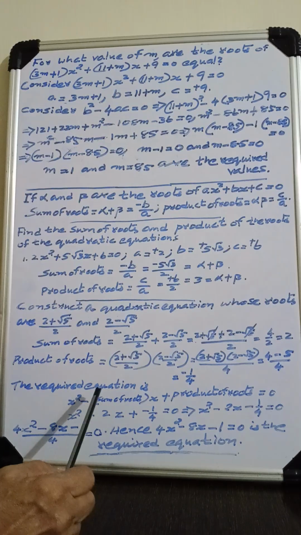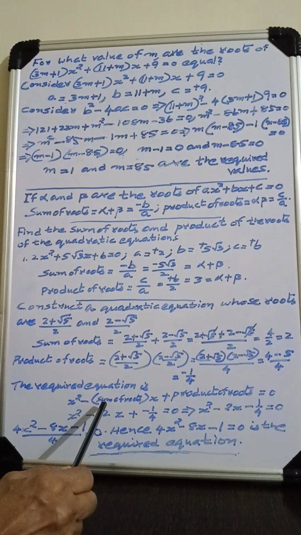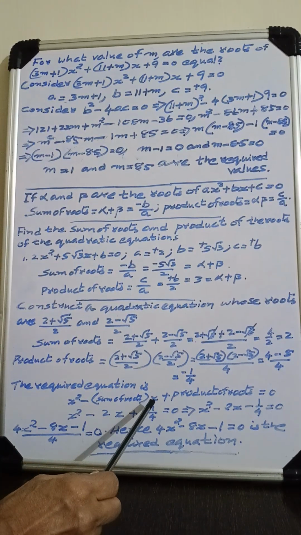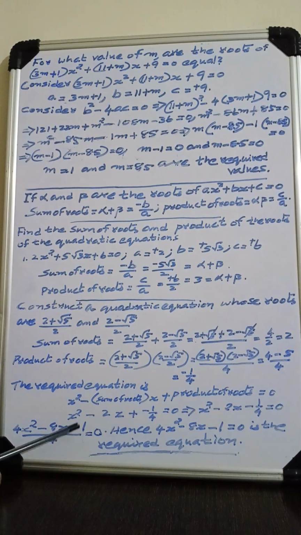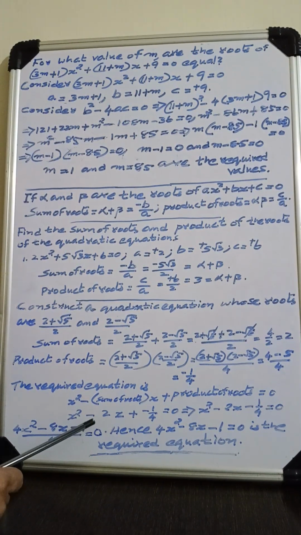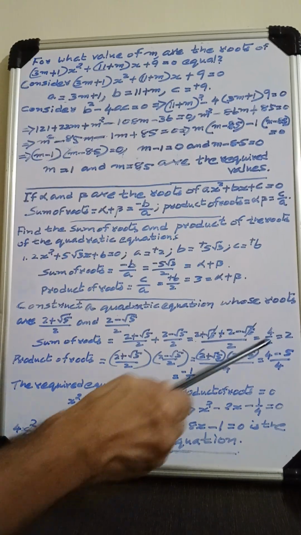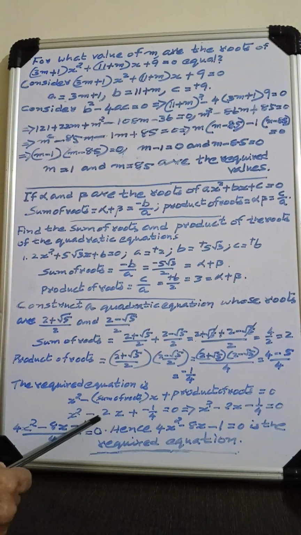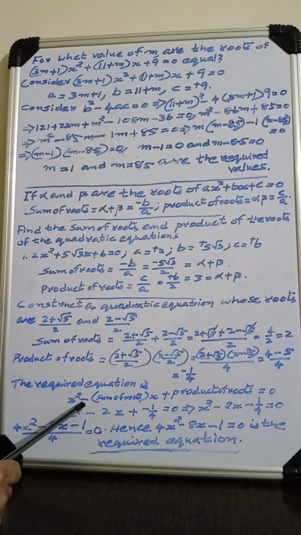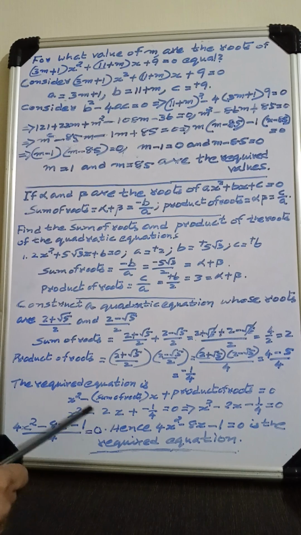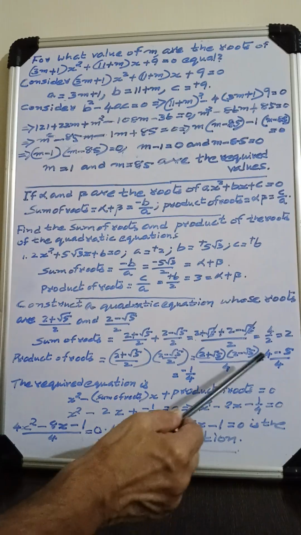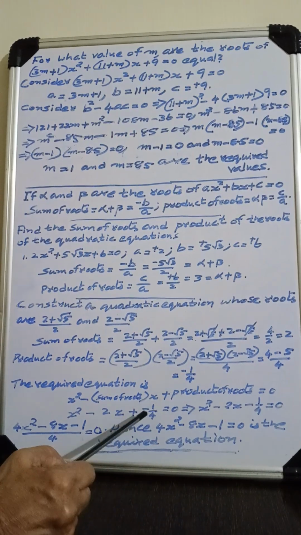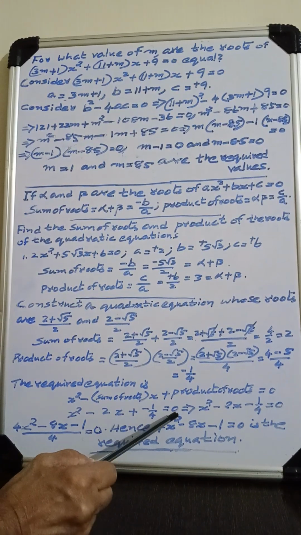Therefore, the required equation is x squared minus (sum of roots) x plus product of roots equals 0. That is x squared minus 2x plus (minus 1 by 4) equals 0.